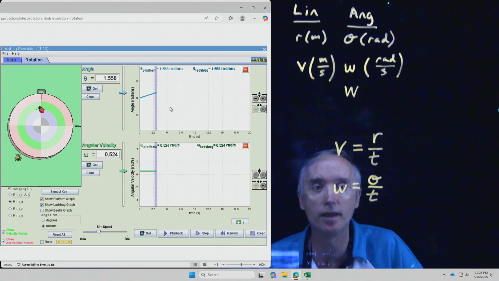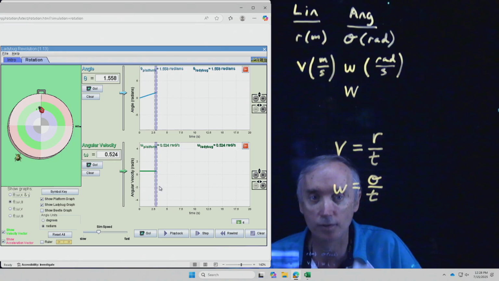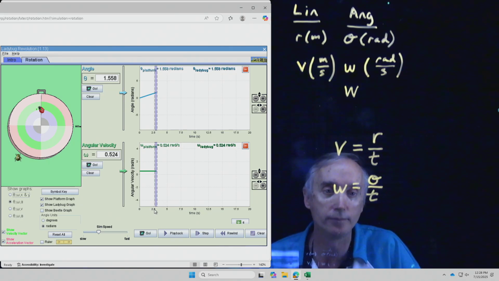This is your angular distance, theta, and then this is your angular velocity right here. And then you can see it gives you a readout. The angular velocity is this number in radians per second. And the purple line here is telling you how much time has elapsed. You should be able to read that number, how much time has gone by.